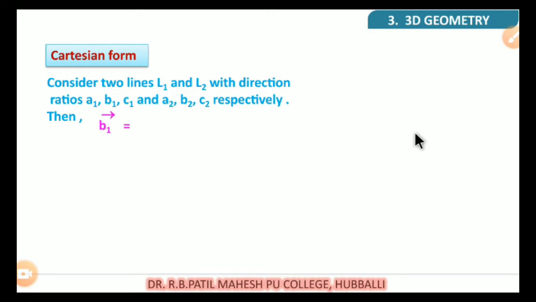Now we can write down that b1 vector here, which is the direction of L1. Therefore b1 is equal to a1i plus b1j plus c1k, and b2 can be written as a2i plus b2j plus c2k.